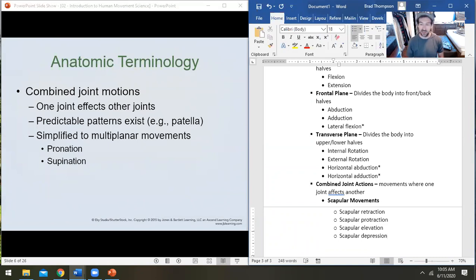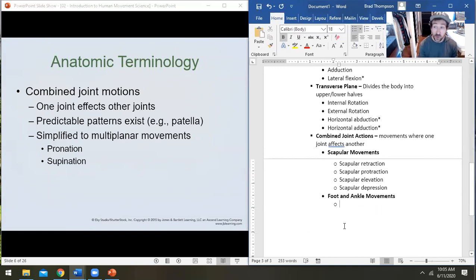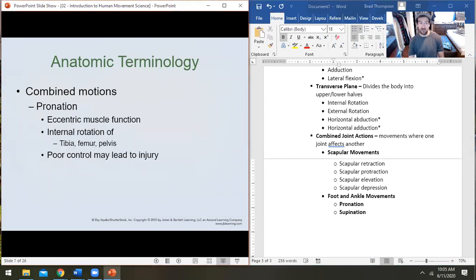Then getting into the ankle is special as well. Foot and ankle movements. We are going to spend some special time on the foot and ankle here because it's athletics, right? Obviously this is where we experience a lot of those things. So we see pronation and supination. I'm putting these in bold because we are going to go over them in particular.